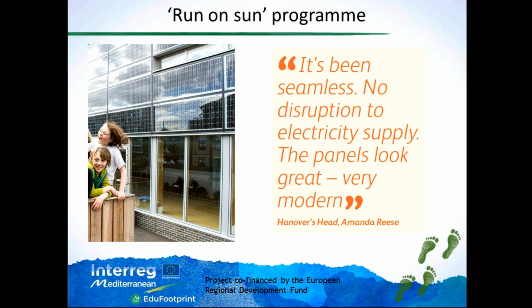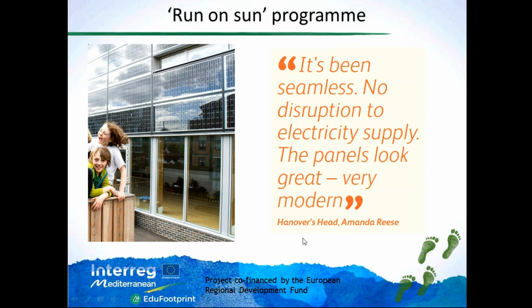So in this case, you see here two interesting sentences. No disruption to electricity supply. So there is really no problem in combining photovoltaic with the normal electricity supply, and also that the panels look great. This is very important for what I was saying before about the visual impact. So there is not really an impact, or let's say it's a positive impact, and they even say that the panels are very modern.